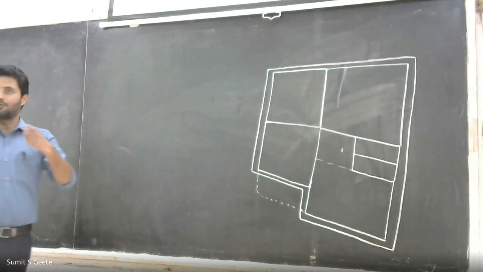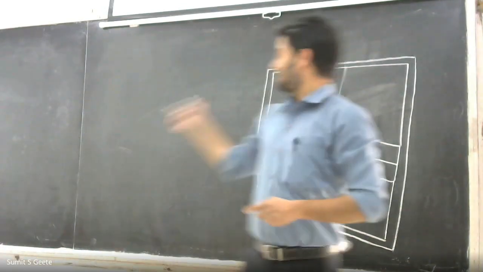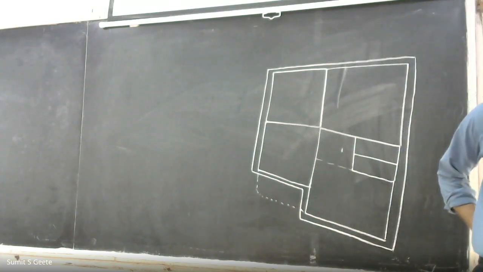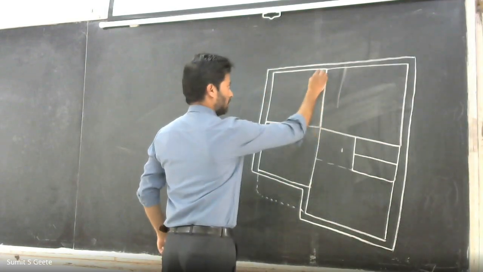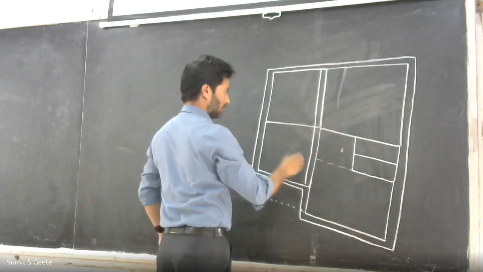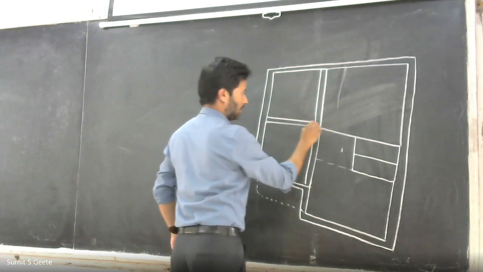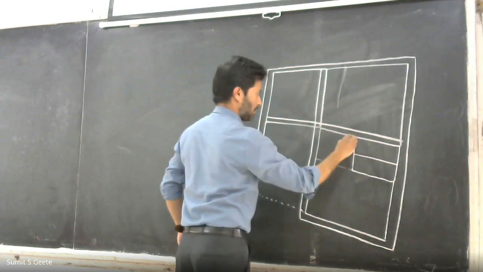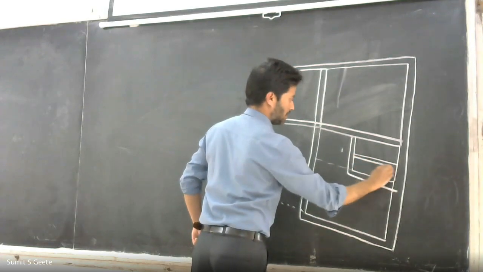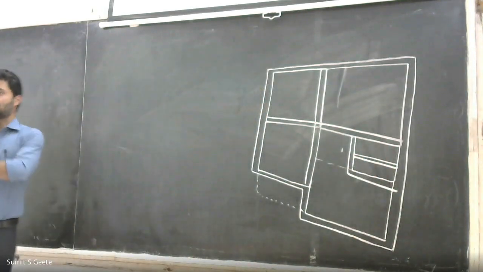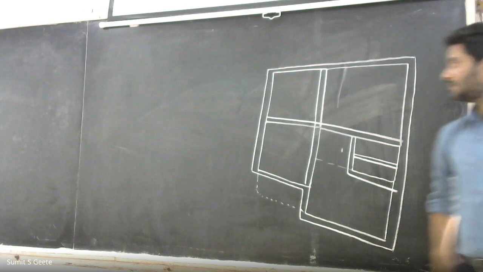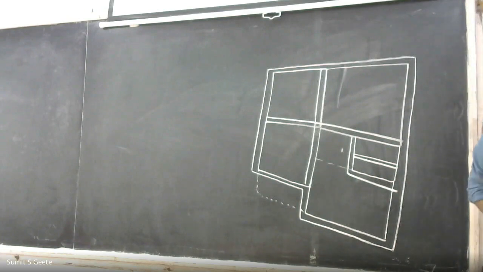The thickness of this external wall is 230 mm. Now, we are providing the internal wall. The thickness of the internal wall is 115 mm.